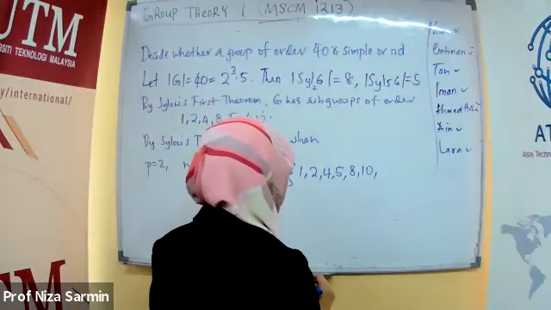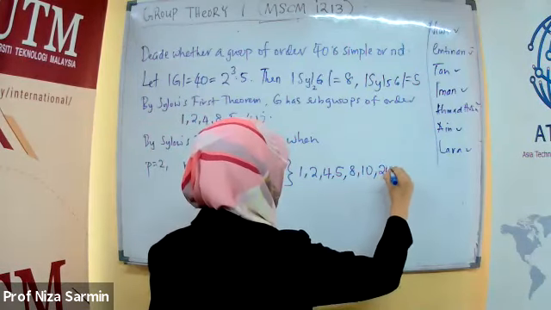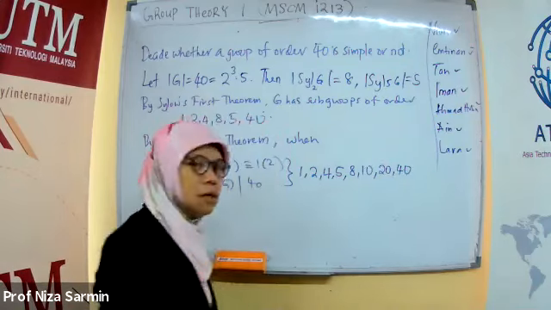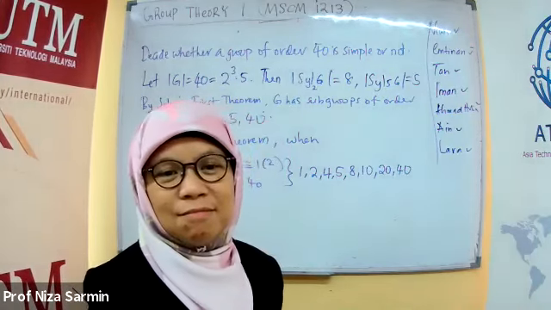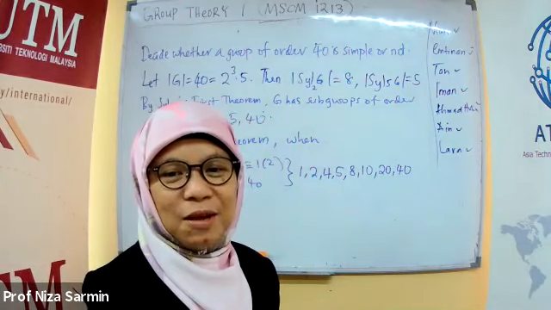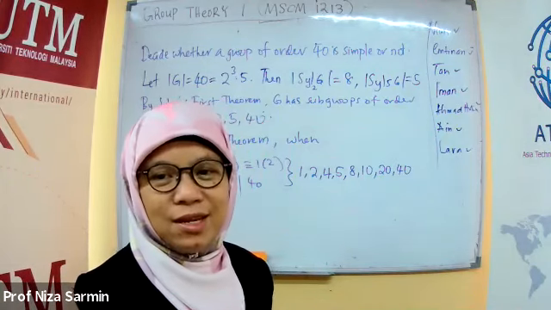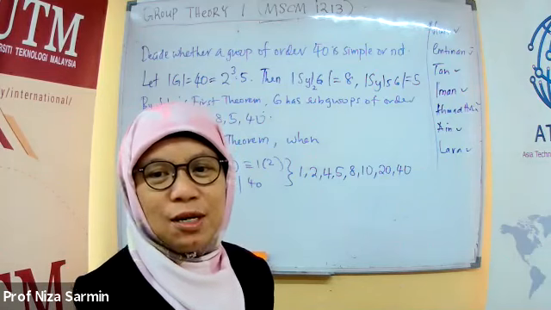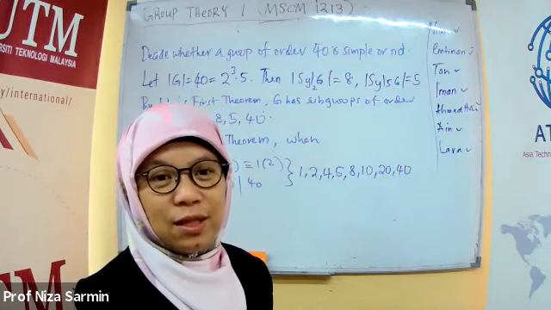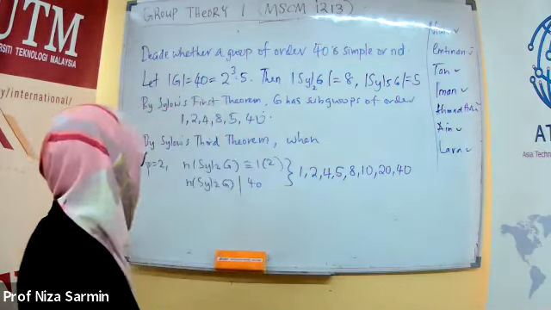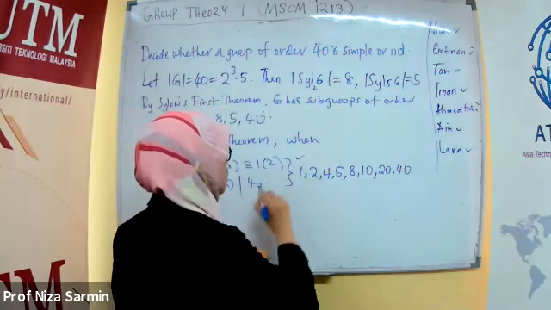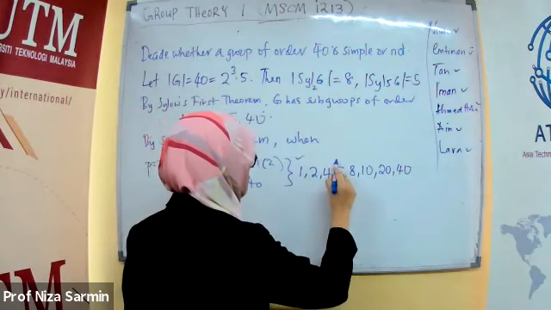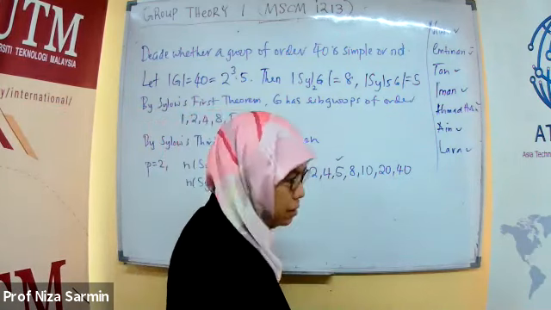What about 20? Yes, 20 and 40. What happens if you miss one factor? It's very dangerous. So make sure you know your factors. Okay, so which one is 1 mod 2? 1, 5. 5 only, right?